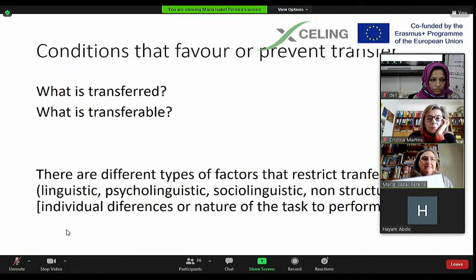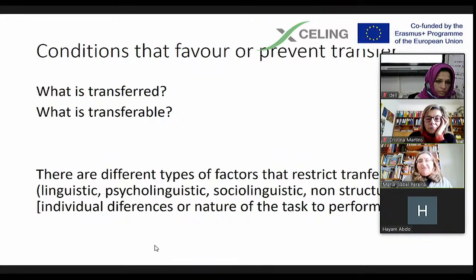When we talk about transfer, we must think of what can be transferred, what is transferable, and any theory of transfer may ask those questions. Which items, which structures does the learner choose to transfer, or the learner perceives as transferable.